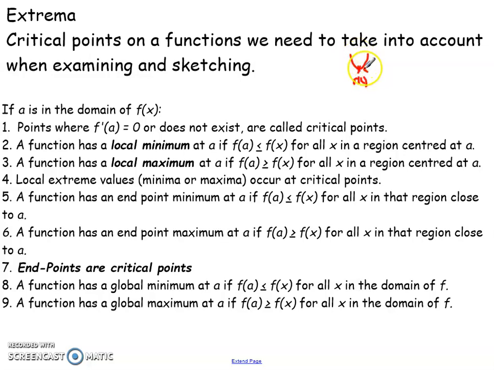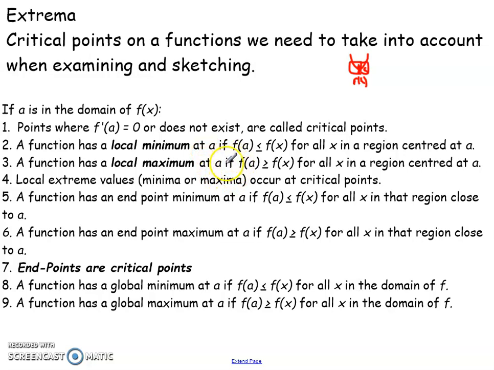Any value around that I take for x in the region immediately around the point, if I take f of x, what you'll notice is that any of those values will be higher than the value of f of a. So what that means is that f of a there at that point is a minimum. So it's a local minimum in that little region.